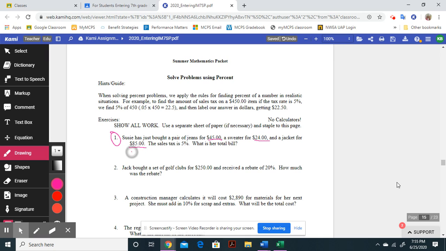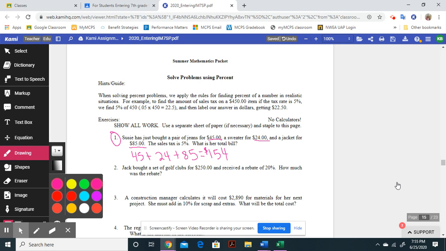So we're going to do 45 plus 24 plus 85, and that will give the total cost for all of her items. Let me put that in my calculator: 45 plus 24 plus 85 equals 154. So that's what she's spending for all the items.